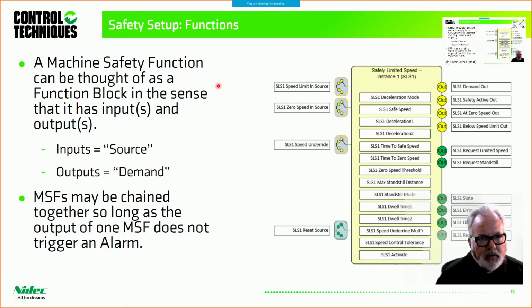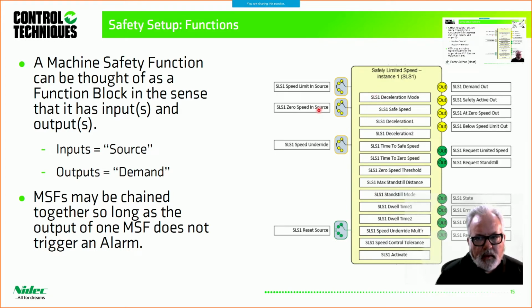A machine safety function, MSF, can be thought of as a function block in the sense that it has at least one input and at least one output. Now, in compliance with the international standards, the language chosen here is not inputs and outputs. Inputs are referred to as a source. As you can see, here's a graphical example of an SLS, safe limited speed, machine safety function.